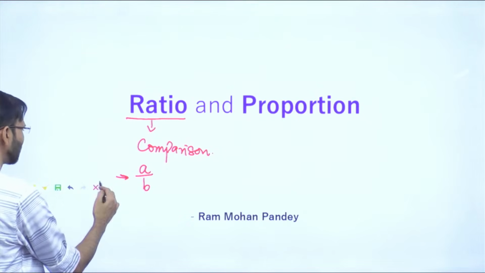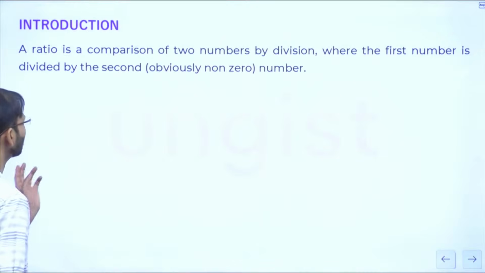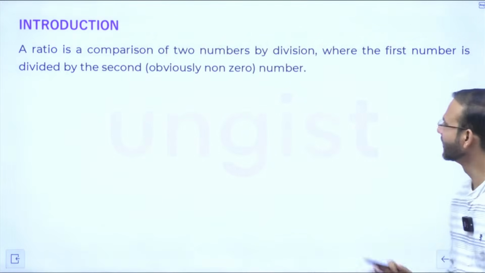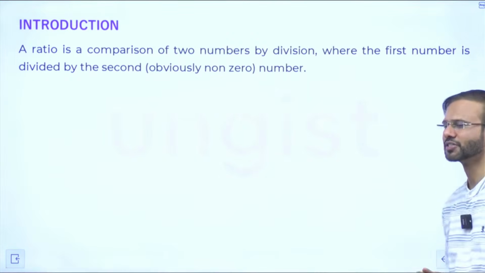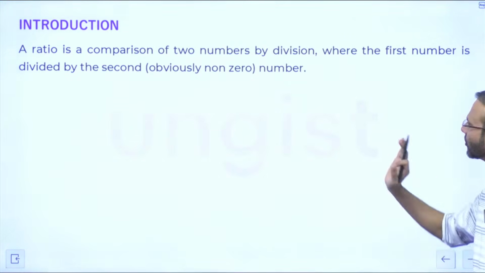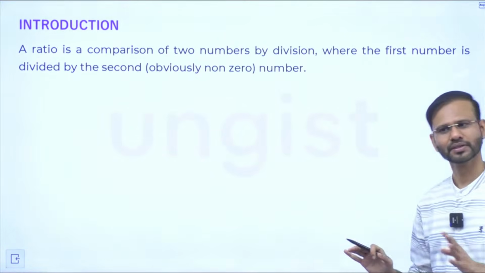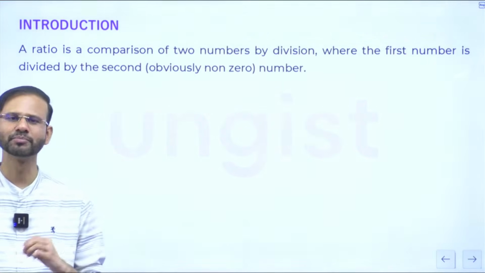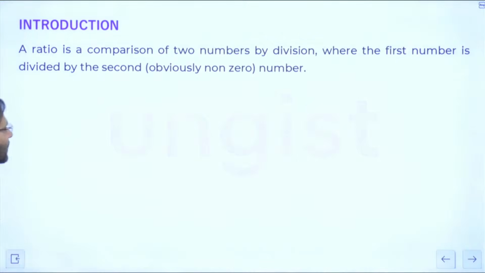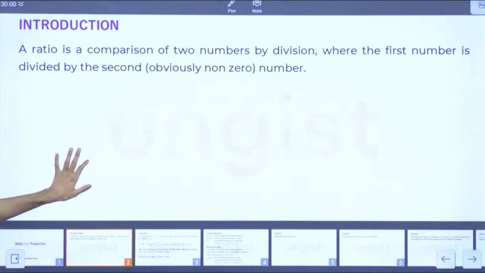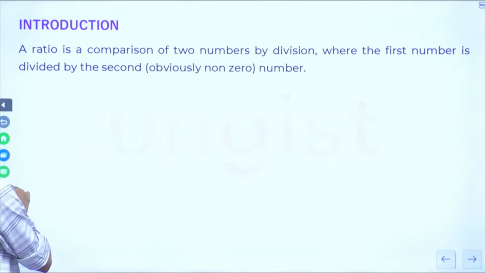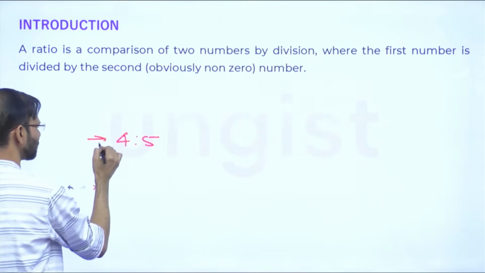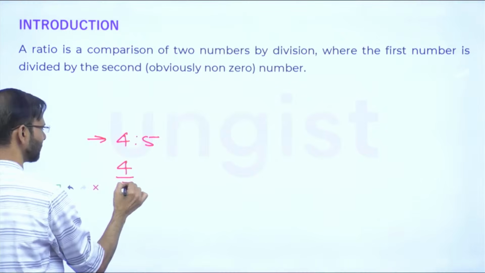So let's talk about some notes. Ratio is the comparison by division between two positive quantities where A is divided by B, and obviously B is a non-zero number, right? Hope it is clear what is ratio, correct? Now, let's say it is written as 4:5, or you can say this is 4/5.